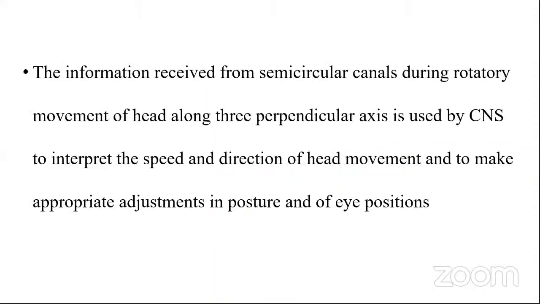The information received from semicircular canals during rotatory movement of head along three perpendicular axes is used by central nervous system to interpret the speed and direction of head movement and to make appropriate adjustments in posture and eye positions.